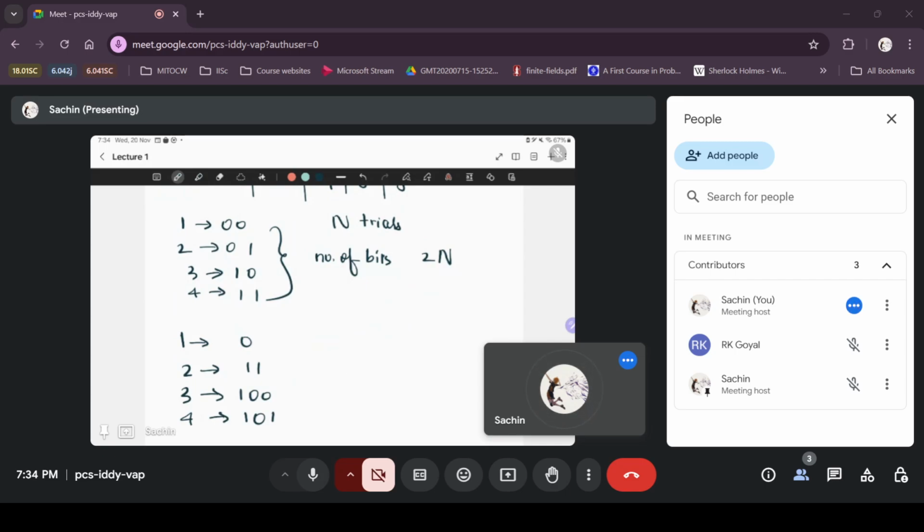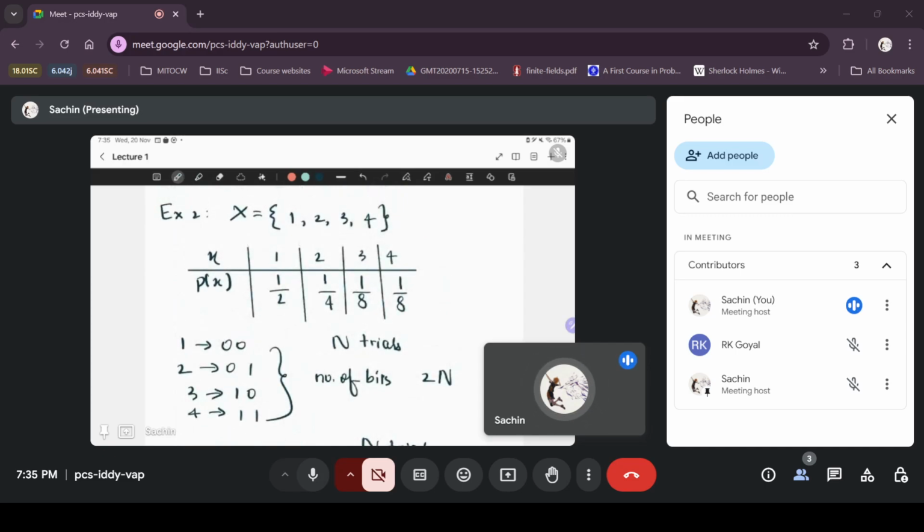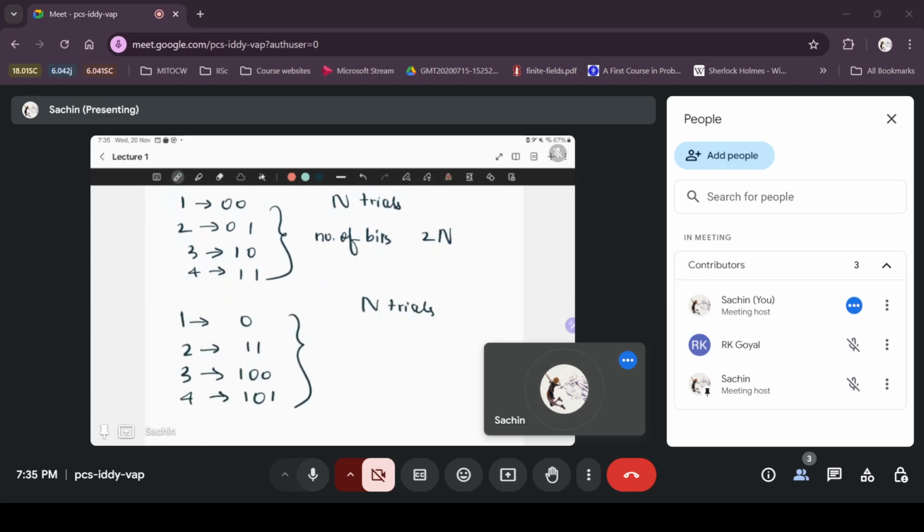Now out of the n trials, since 1 has the probability half, 1 occurs half the time. Of course, it might not be exact in a real experiment, but if it's ideal, then out of n trials, n over 2 trials would have the outcome 1.